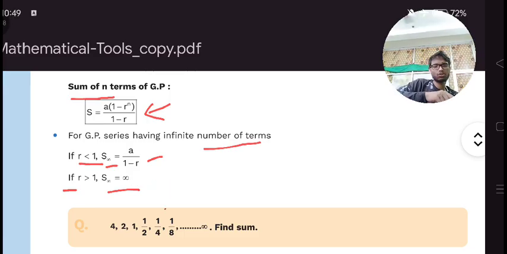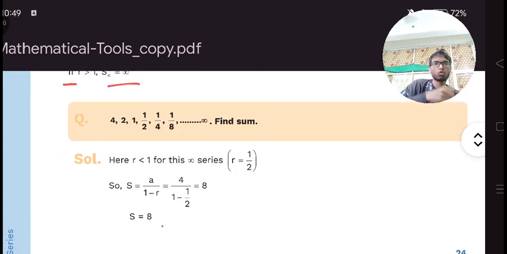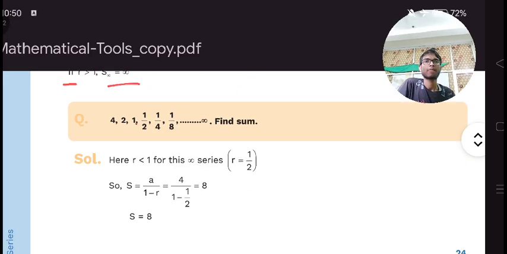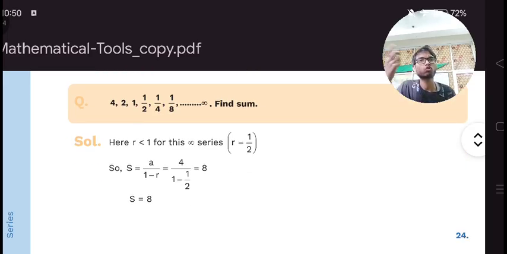Let's understand this with an example: 4, 2, 1, 1 upon 2, 1 upon 4, 1 upon 8, till infinity. Find the sum. Here the ratio is 1 upon 2, which is 0.5, and of course this is less than 1. In that case, we will use the formula a upon 1 minus r, where a is 4 and r is 1 upon 2.